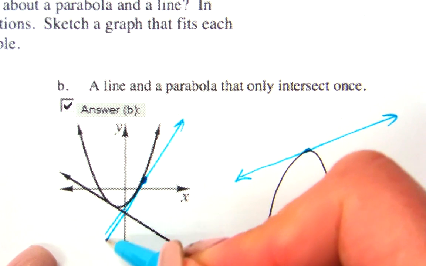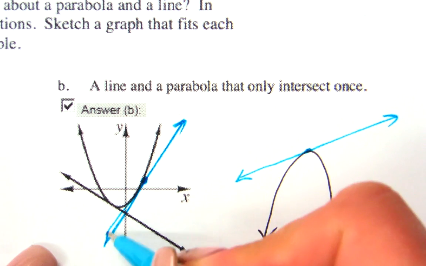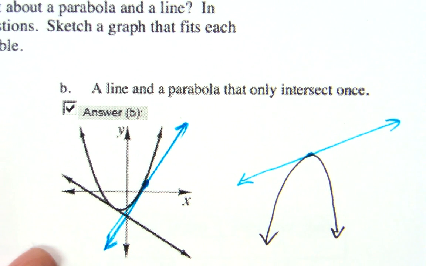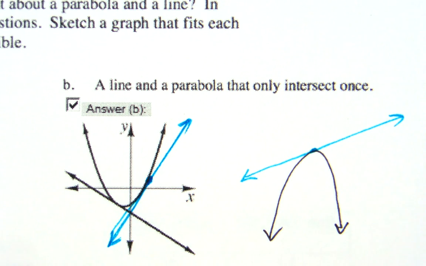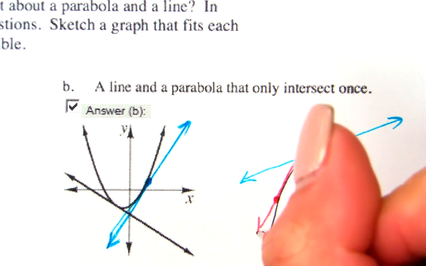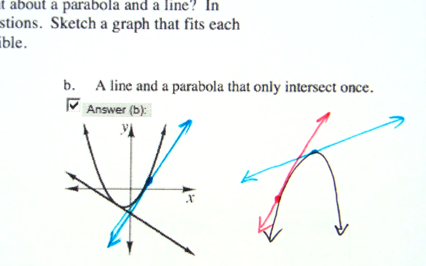Well, I probably didn't draw that very well, but it's only supposed to be touching it at one point right there. Or you can have a line going up and down instead, kind of like that. Okay, so there you go.